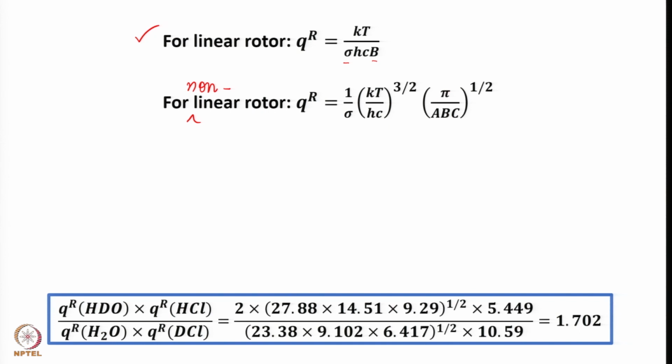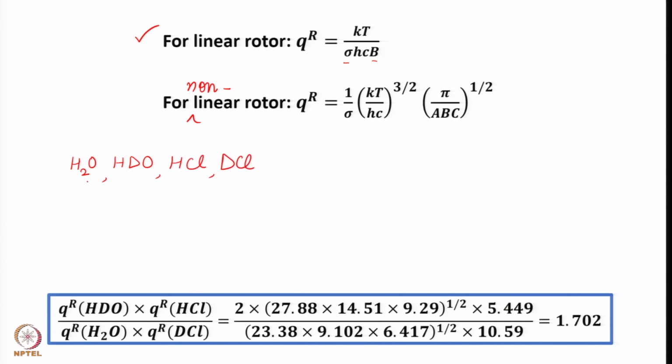All right. Now, the systems that we have are H2O, HDO, HCl, and DCl.